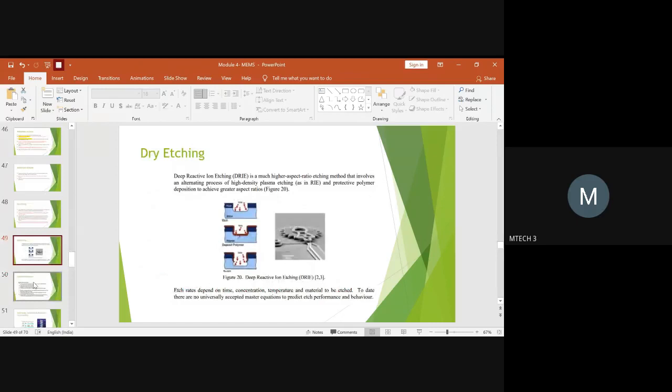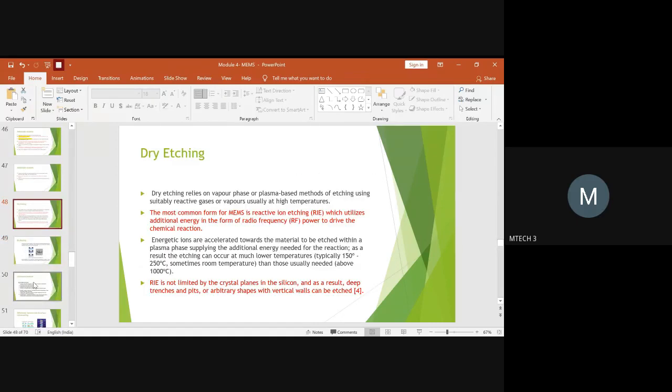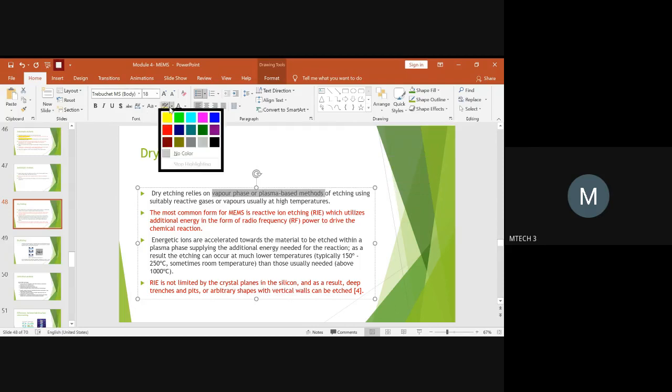Next we come to dry etching. Dry etching, as I told you, is done without any liquid media. It is a plasma based technique, a vapor phase or plasma based method. With respect to the vapor pressure, the unwanted materials are etched out.